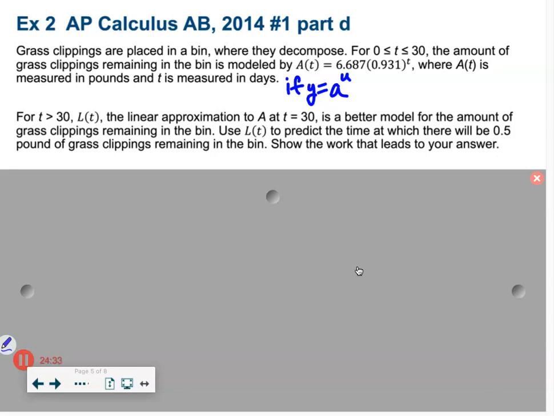So if y is, instead of a to the x, a to the u, where u represents any function of x, then y prime is a to the u times u prime times ln a. Right? So just in case you've forgotten your formula for the derivative of a to the x, that's how you do it.